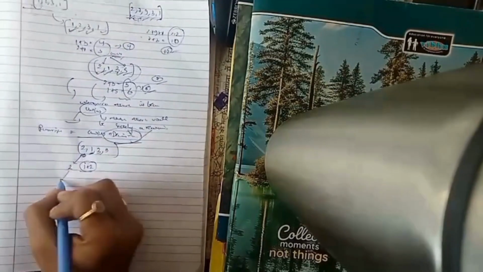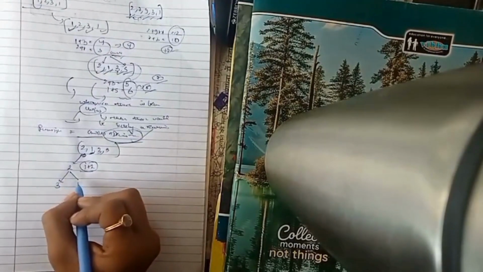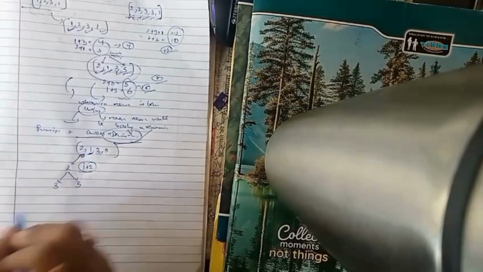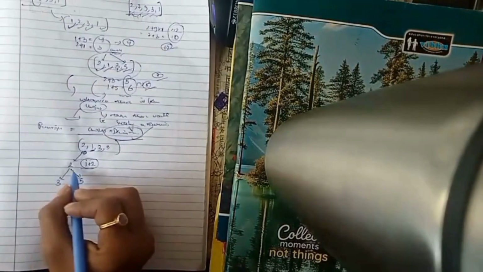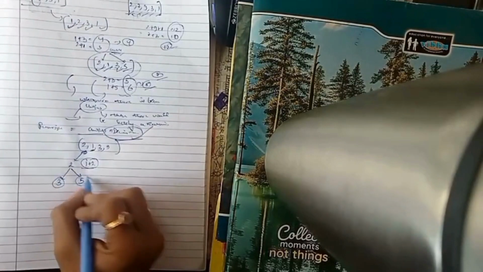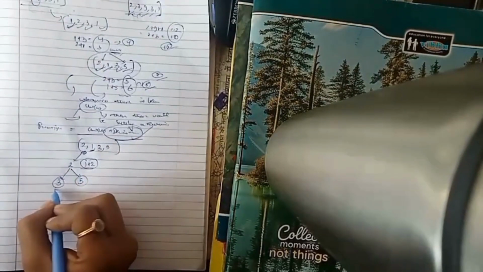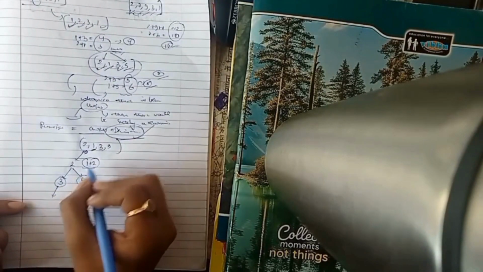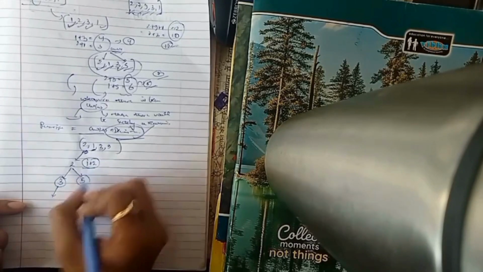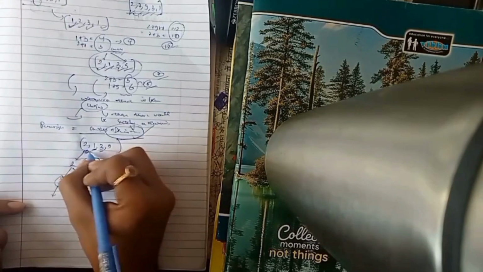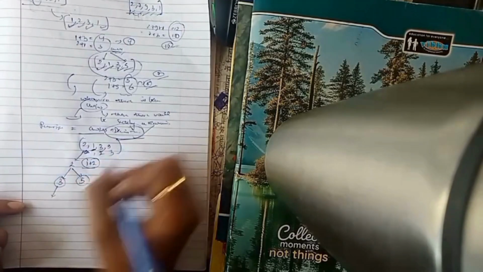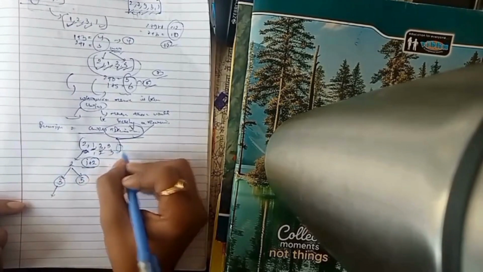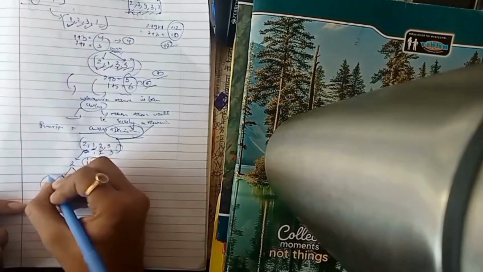So the choices I will have are 3 and 5. I can choose either 3 or 5. Let's say I choose 3. On choosing 3, what would be the next choice? The indexes are 0, 1, 2 and 3. 2 plus 2 is 4, and it is going outside the bound, so it will return over here.